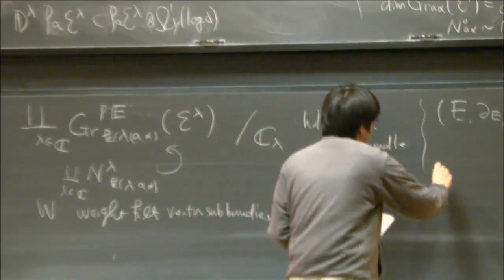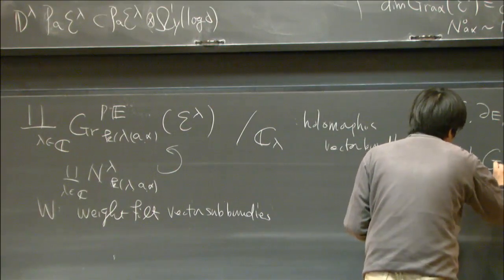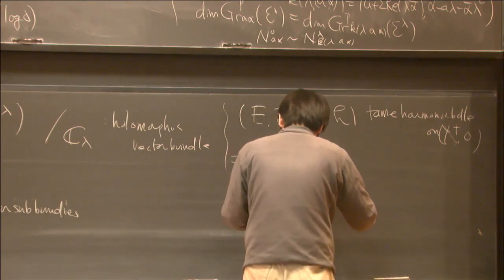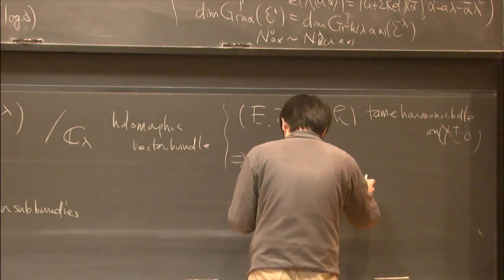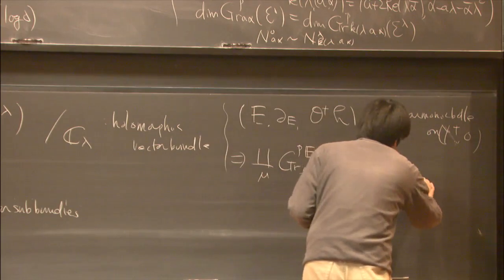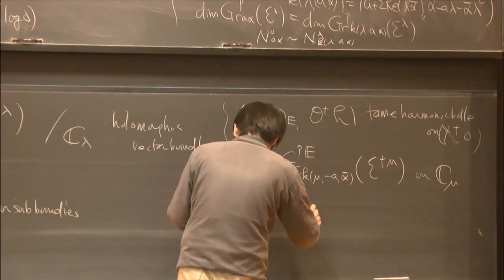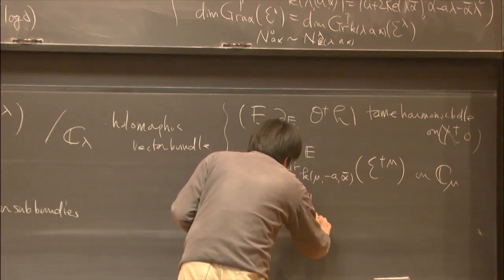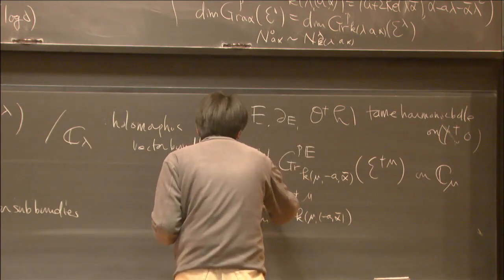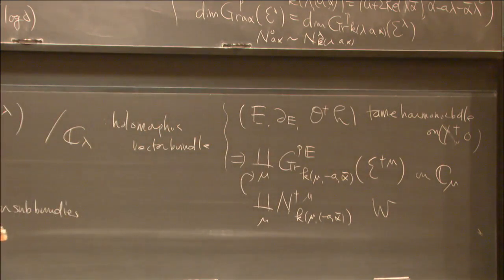And from this, by applying the same construction, P K mu minus A alpha bar E dagger mu on C mu, and N dagger mu K mu minus A alpha bar gives a nilpotent endomorphism, and we have the weight filtration, which is a filtration by subbundles.